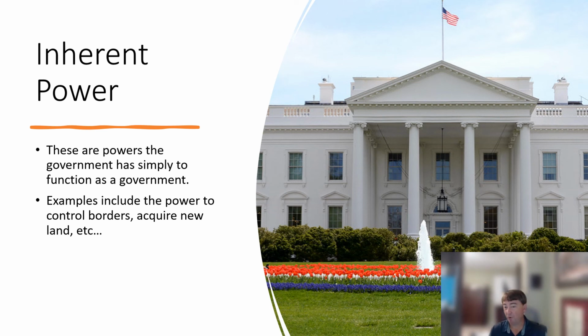And a lot of people back then wondered, did the president have the ability to do that? Well, Jefferson would argue it was his inherent power. It's the inherent power of any government to acquire new land. There are other types of inherent power that you can research on your own. But the idea is, I want you to understand that just because it's not listed in the Constitution doesn't mean the federal government doesn't have that power.